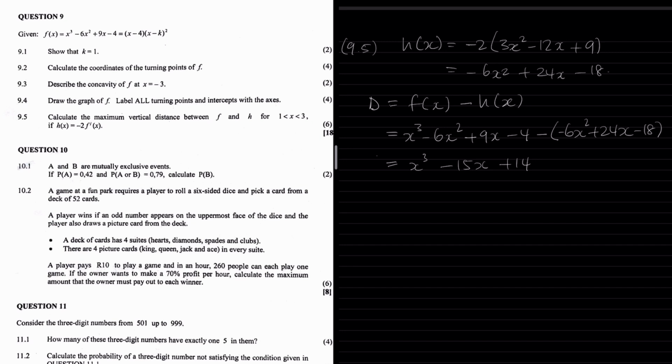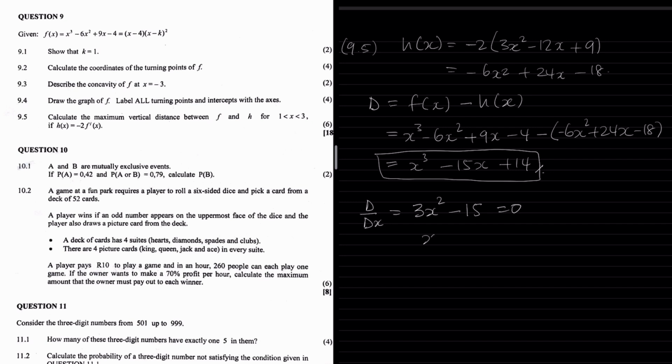So this is the equation that represents the height or the vertical distance. Now to get the maximum distance, we need to take the derivative of this. So the derivative is going to equal 3x squared minus 15. And we equate that to 0 to get the maximum.